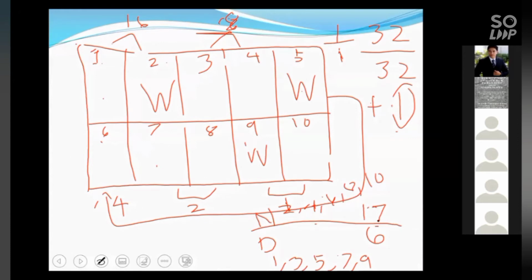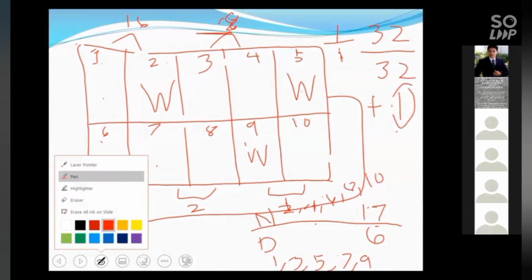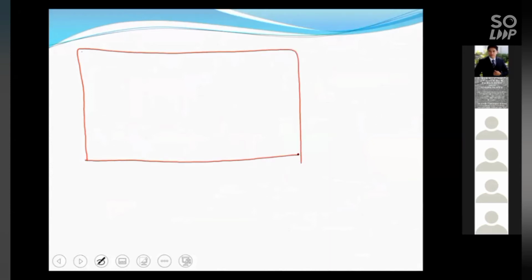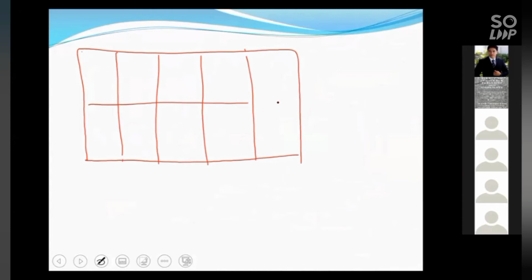For the benefit of others, let me again make a new one. Dapat yung drawing nyo mayroon ng value: 1, 2, 3, 4, 5, 6, 7, 8, 9, 10.